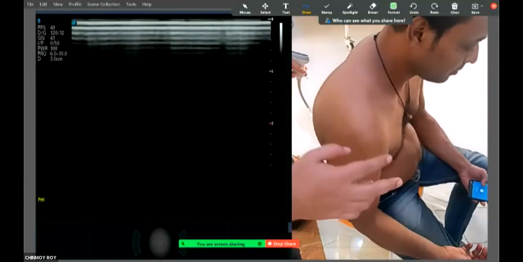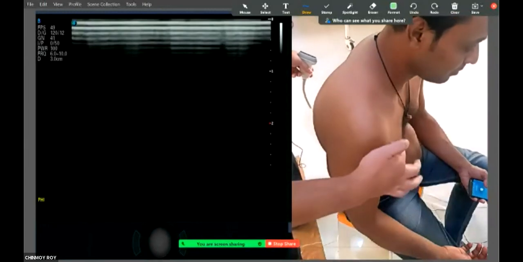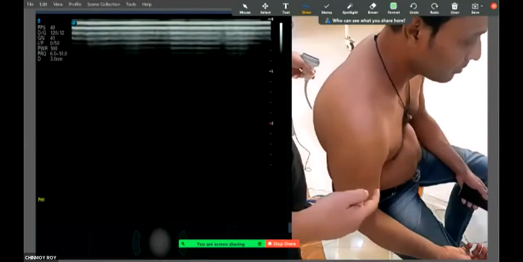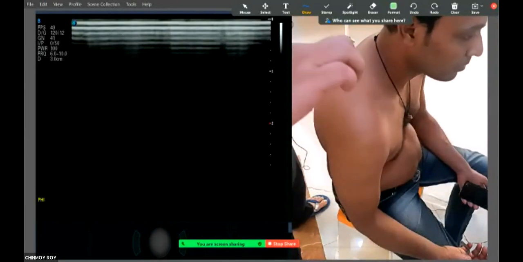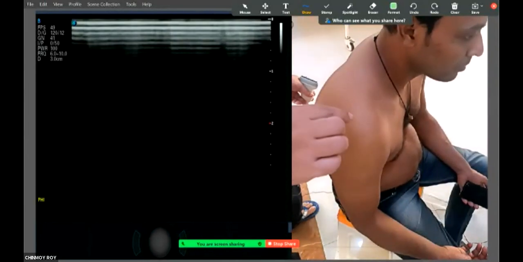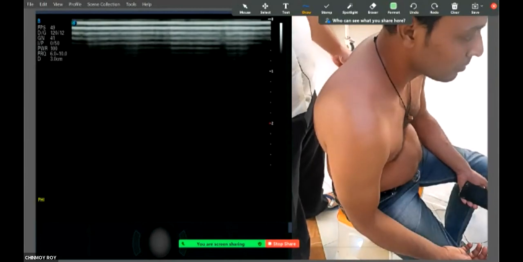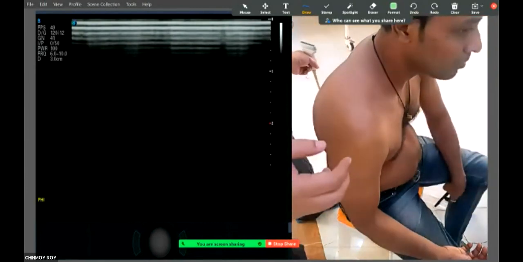Biceps has 2 heads: one is the long head, one is the short head. The short head goes to the coracoid process, and the long head goes like this, enters the joint and blends with the margin of the joint capsule.